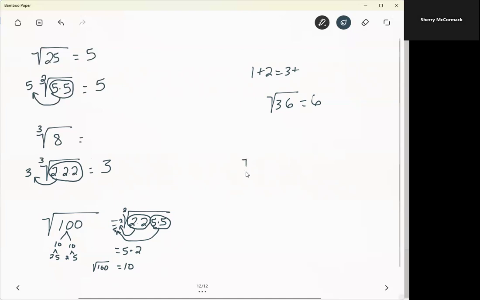All right, so what happens when we have something like this? The square root of 20. Well, that's not a perfect square, so I can't just say the square root of 20 is 3. Well, it's not. So here's what we can do. This is 4 times 5, or 2 times 10. You can reduce it however you want. And 4 is 2 times 2. So the square root of 20 becomes 2 times 2 times 5.